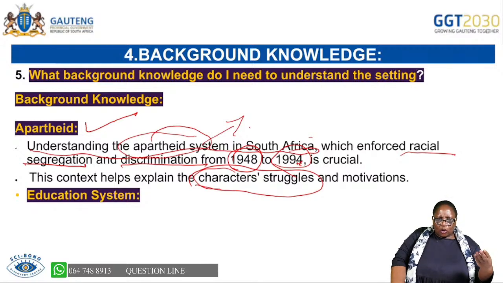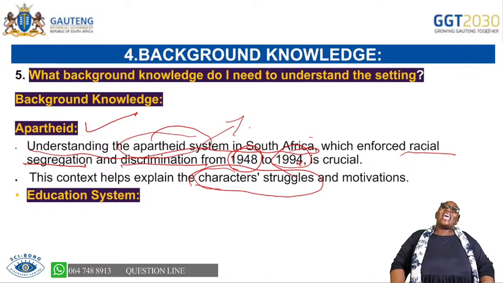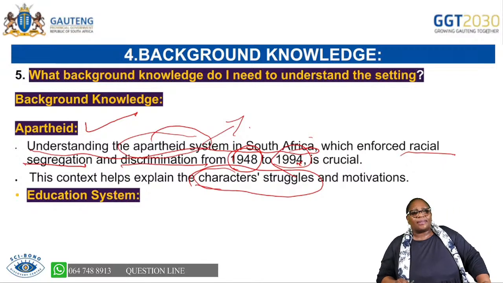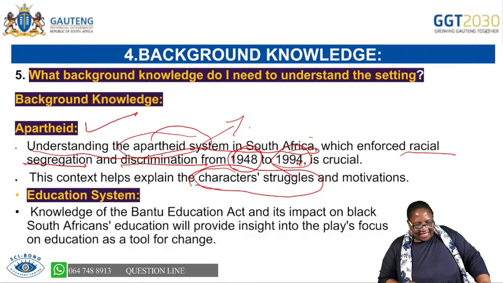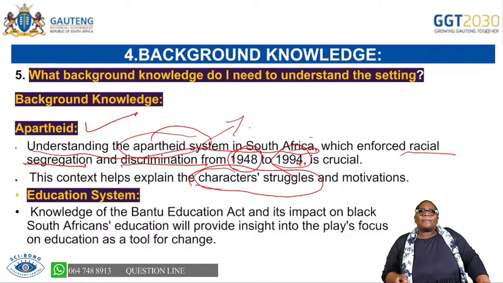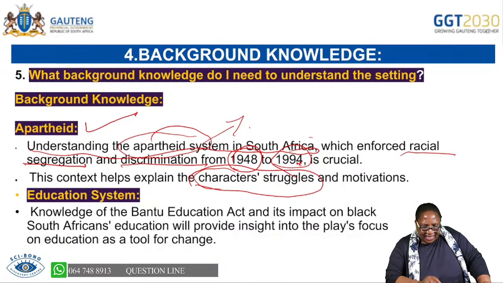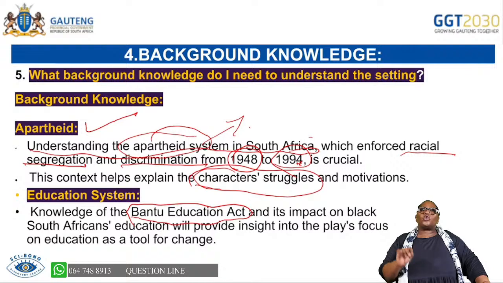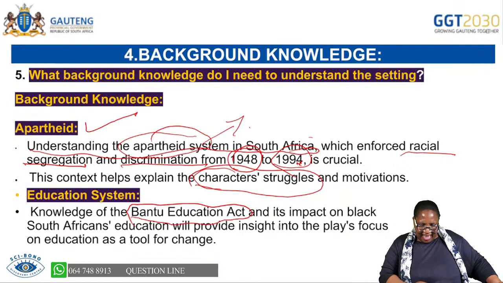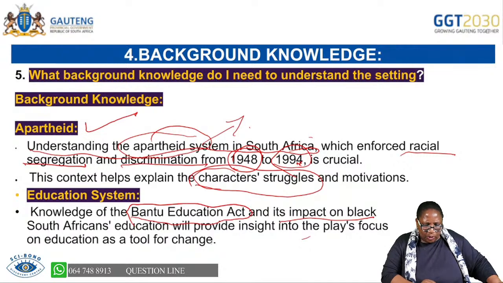The background knowledge that you need to understand this play is the education system during that time. Prior to 1994, we had a system of education called the Bantu Education Act, and it impacted Black South Africans' education.